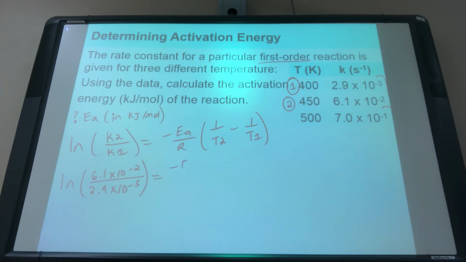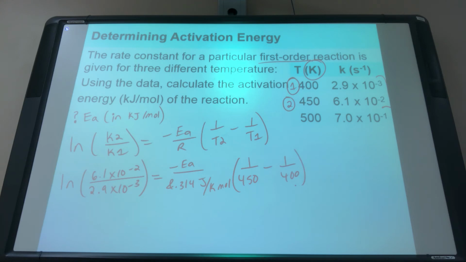I'm looking for EA. R is my gas constant, 8.314 joules per Kelvin mole. T has to be in Kelvin. It is in Kelvin, so that's going to save me a lot of time. I don't have to convert it or anything like that. The second temperature was 450. The first temperature was 400.